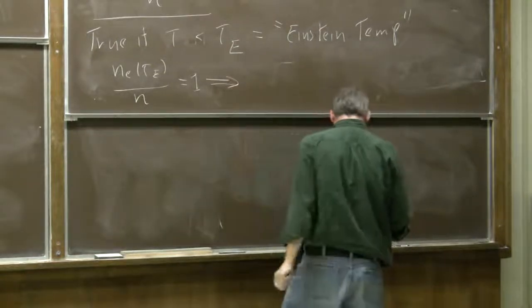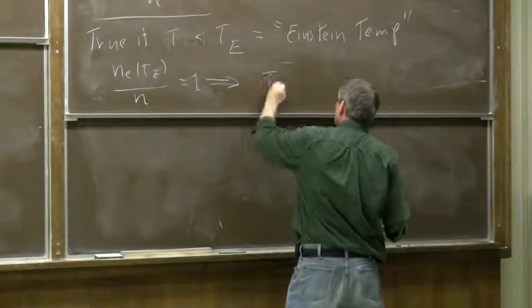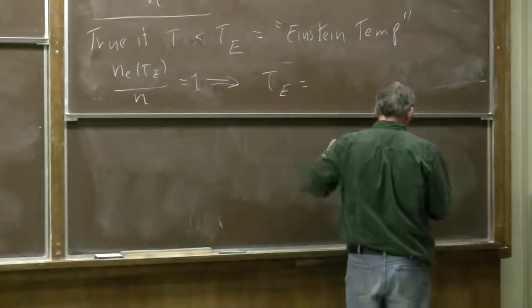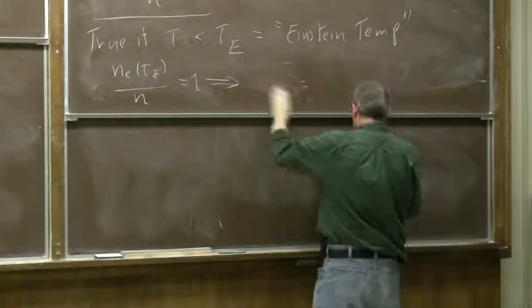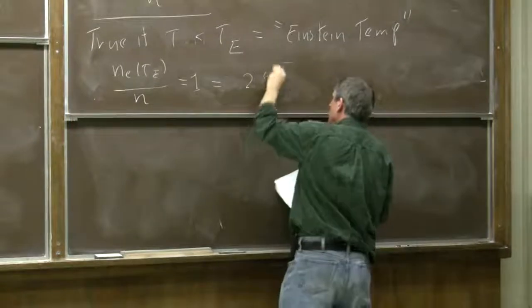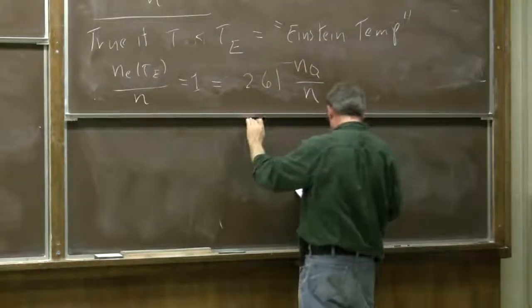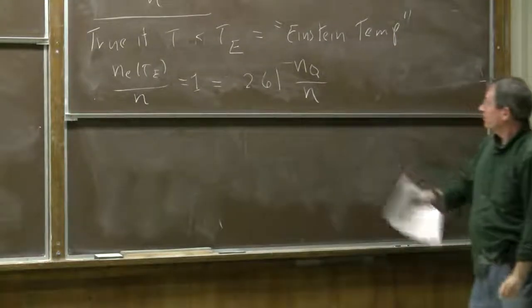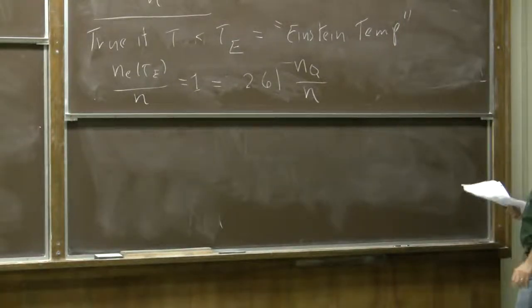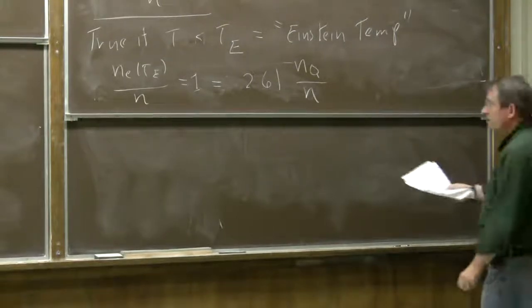We can figure out what tau Einstein is. Since this is just equal to 2.61 times quantum concentration over concentration, I set concentration divided by quantum concentration equal to 1 over 2.61.